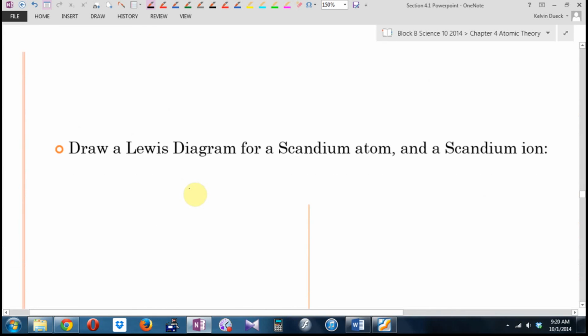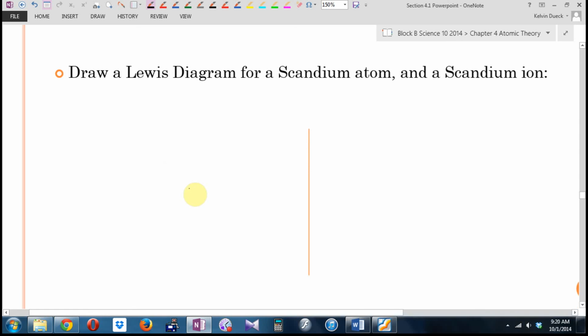Let's try one. I wrote here, draw a Lewis diagram for a scandium atom and for a scandium ion. First thing that you do is you draw the symbol for scandium. You've got to go hunting and find scandium on your periodic table. And what's its symbol? I think it's Sc, but double check because they're not always that obvious.